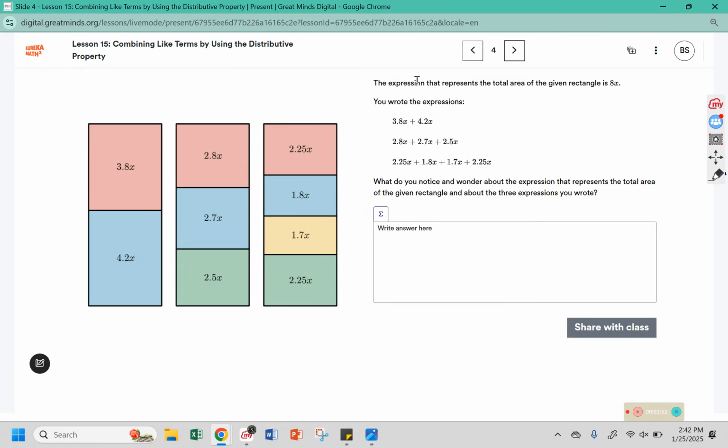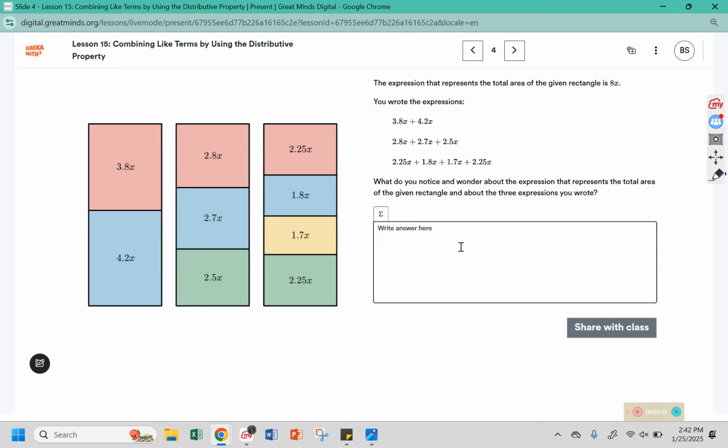And then it says the expression that represents the total area of the given rectangle is 8x. You wrote 3.8x plus 4.2x for the first one, 2.8x plus 2.7x plus 2.5x for the second one, 2.25x plus 1.8x plus 1.7x plus 2.25x.